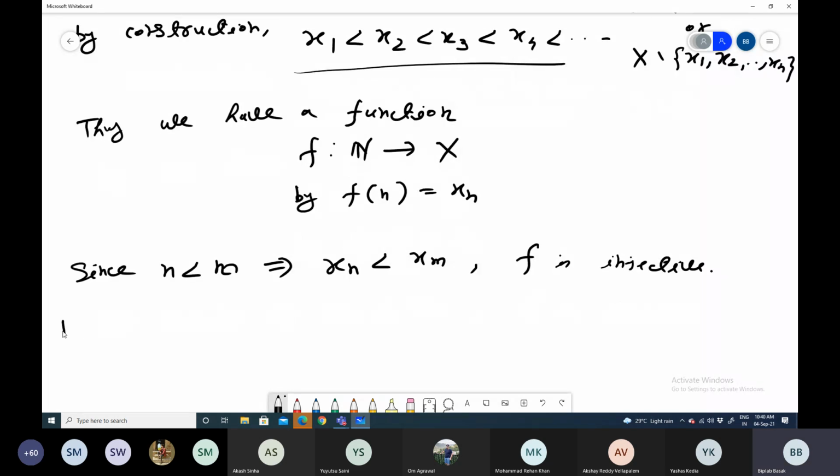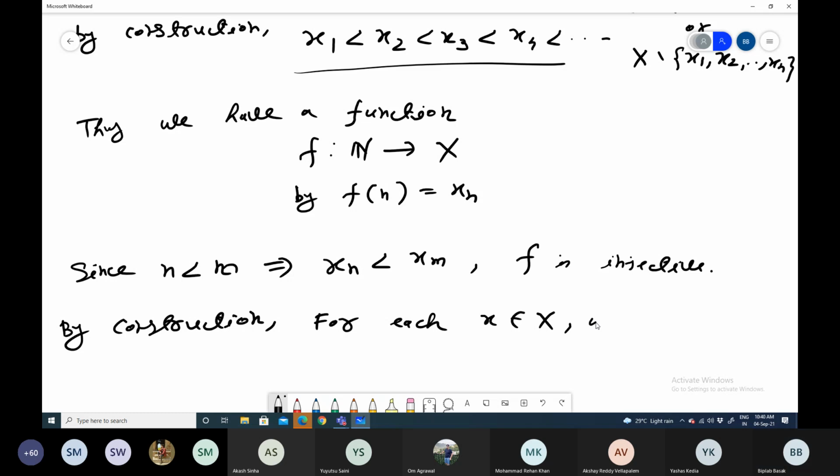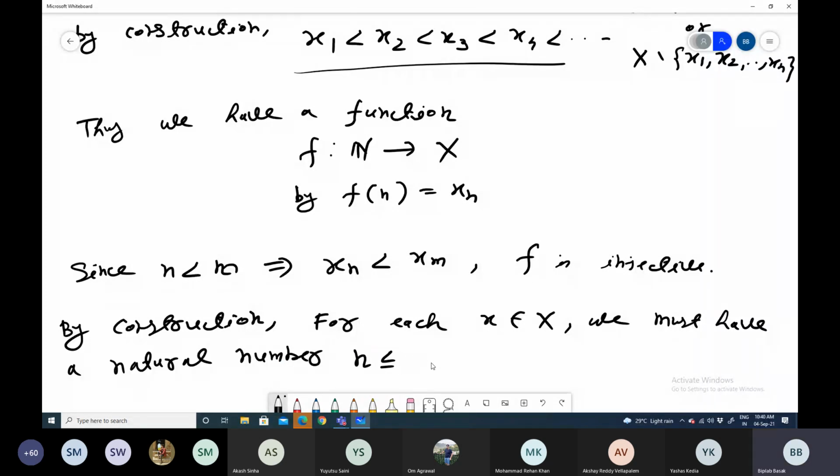And also by construction, for each x in X, we must have a natural number n less than or equal to x such that f of n equal to x.